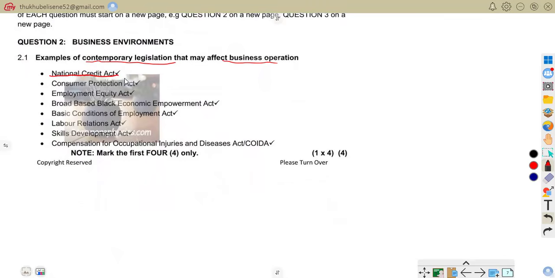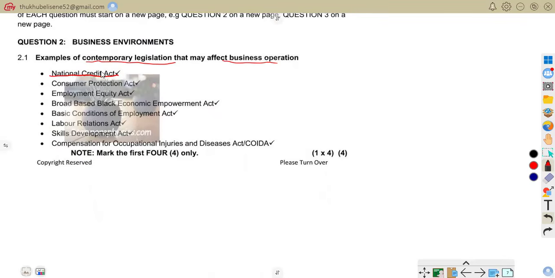With National Credit Act, good people, it protects consumers against unfair credit practices and regulates how business give credit. For example, a financial store must check customers' ability to repay before offering hire purchase.